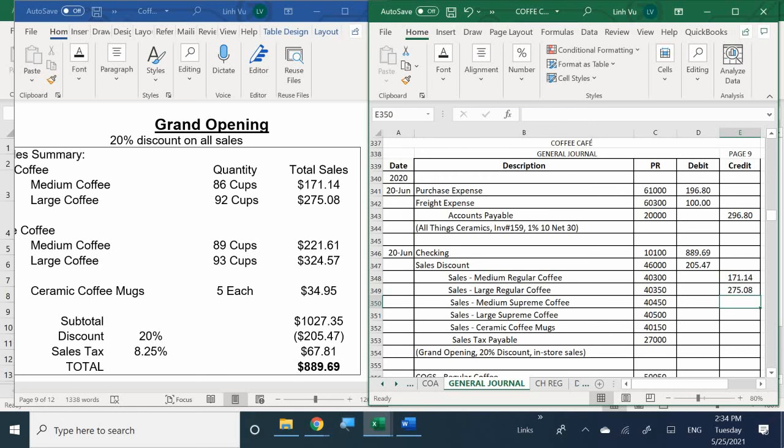Our supreme medium is going to be $221.61. A lot of people like the supreme large, so we sold $324.57. The ceramic, we sold five of them for $34.95. And our tax payable, Uncle Sam's money, we're only going to give him $67.81. Perfect.